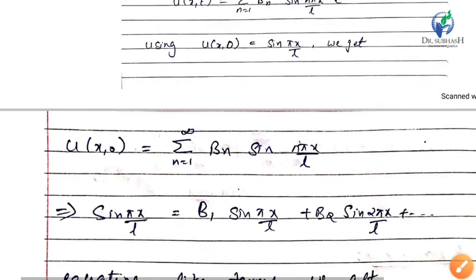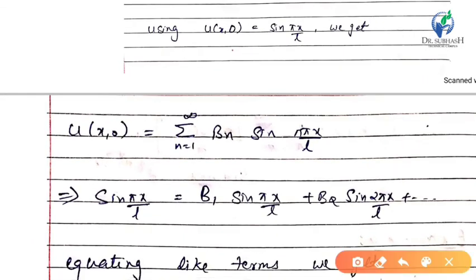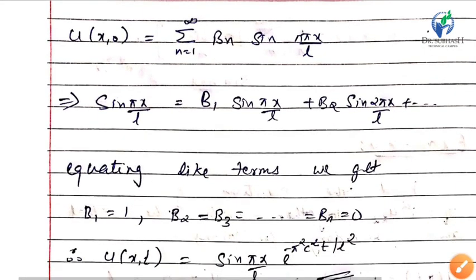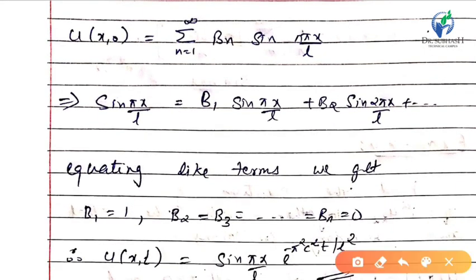Now u of x,0 is sin pi x upon L. I will compare these two equations, and you can see that I can substitute sin pi x upon L in place of u of x,0, and on the RHS I have opened the bn terms, that is I have substituted the values of n, and since it is a summation sign, there will be a plus between each and every term.